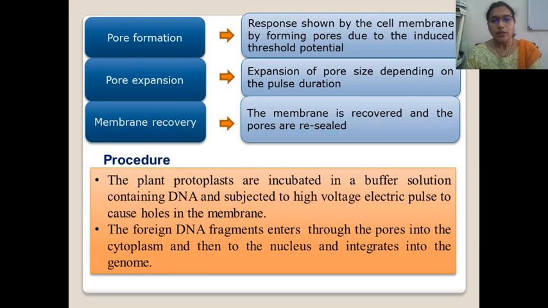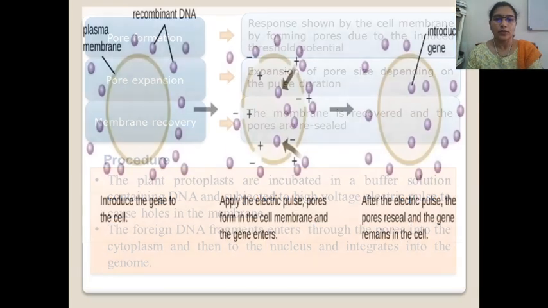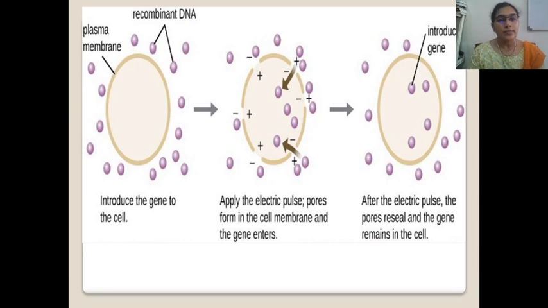Now, let's see what is the actual procedure of electroporation. Here in this diagram you can see that during electroporation a plant cell or protoplast is placed in a medium containing the DNA to be transferred, that is recombinant DNA. When a pulse of high voltage electricity is applied to the plant cell surface, this electric pulse disturbs the phospholipid bilayer of the membrane and causes temporary pore formation on the membrane.